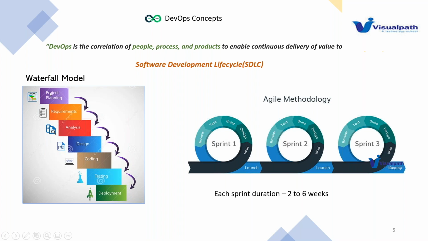First it starts with project planning. When a customer has an idea, or comes to the software company saying they need a website or a compute resource, the architect does some analysis and then starts the project planning.